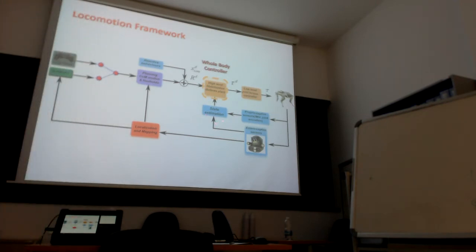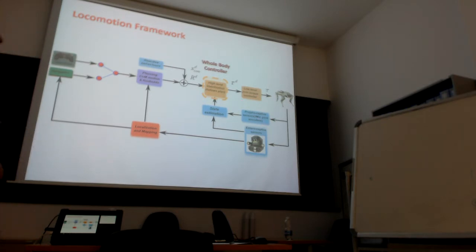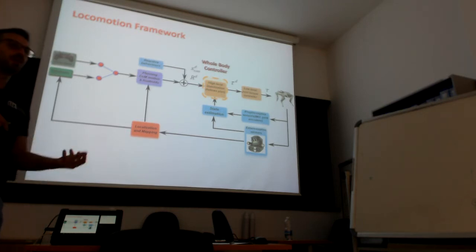So we need a state estimation algorithm that can, for example, usually fuse exteroceptive information from a camera or proprioceptive ones from encoders and inertial measurement unit.